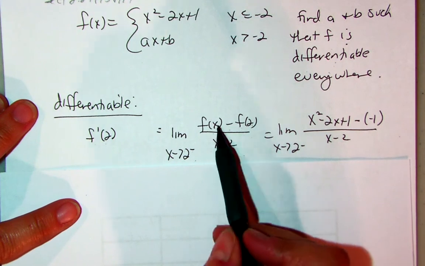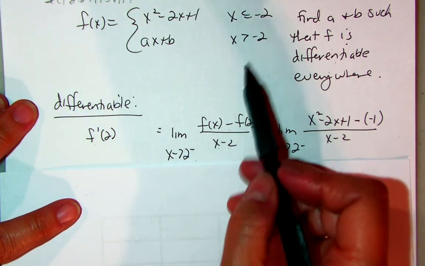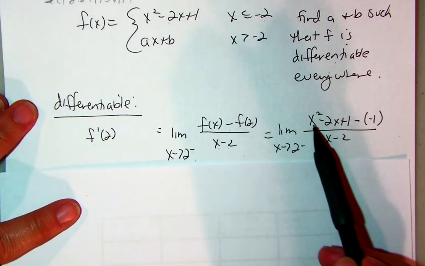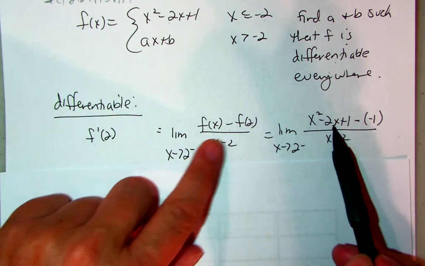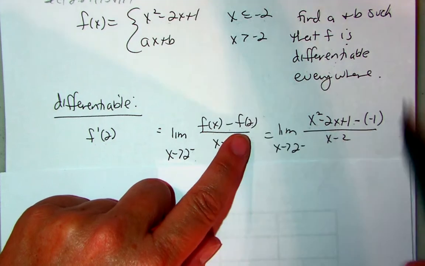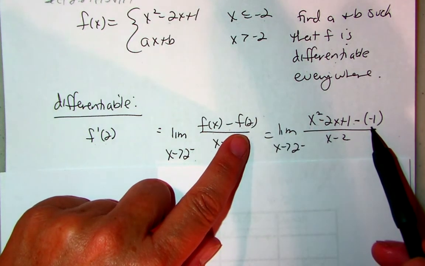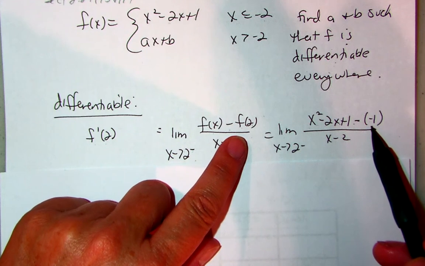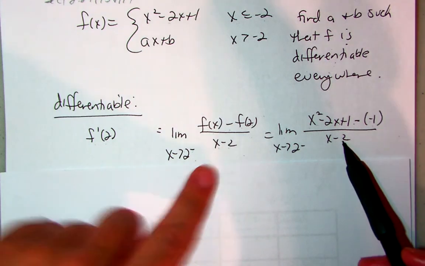So now I have to go get the right piece of the function to do 2 from the left. So 2 from the left would be this one here. So the limit of x squared minus 2x plus 1 minus, then I put in 2 for all of these pieces, and I actually get a negative 1 over x minus 2.